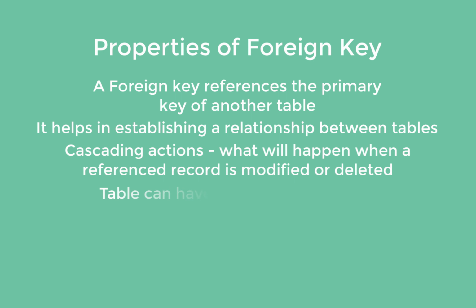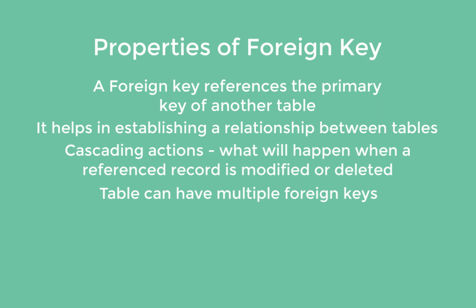Then the fourth one is that a table can have multiple foreign keys, each referencing a different table's primary key. So this allows establishing complex relationships between multiple tables in a database.